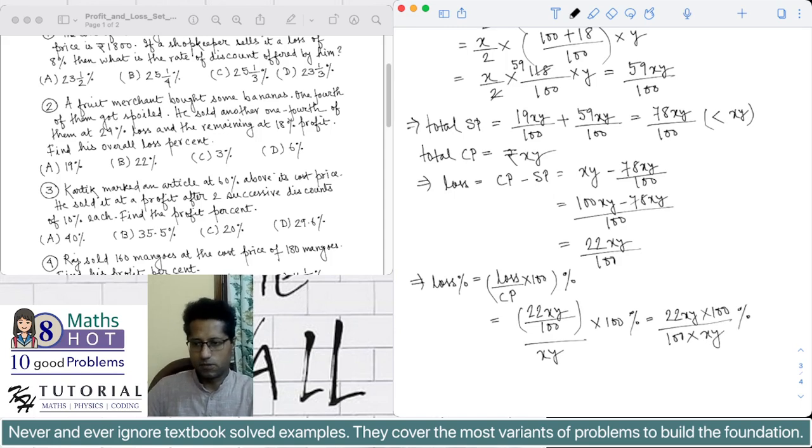The 100 cancels out, xy cancels, so this is equal to 22 percent. So the loss percentage is 22 percent, and hence the correct choice is B. B is the correct choice.